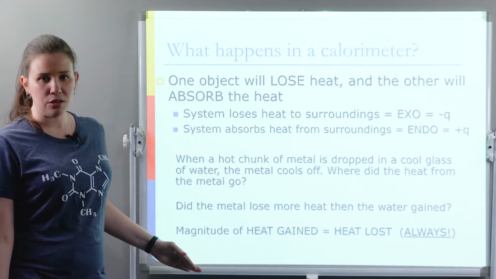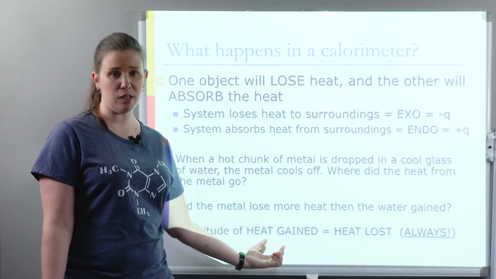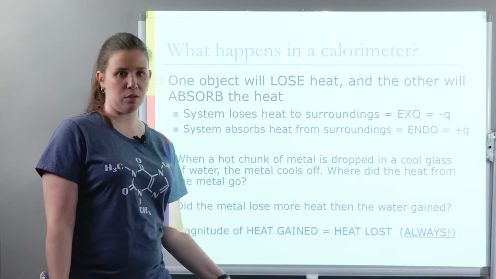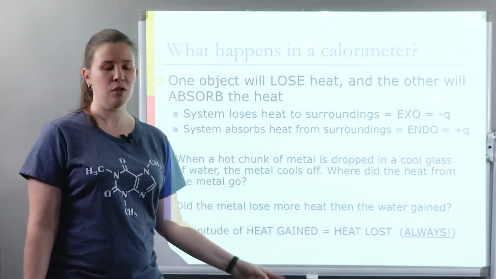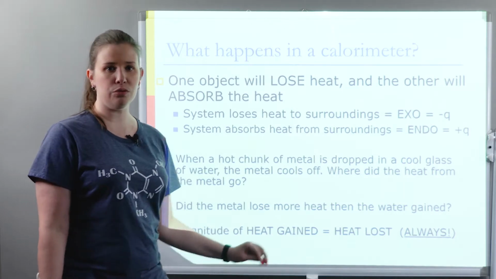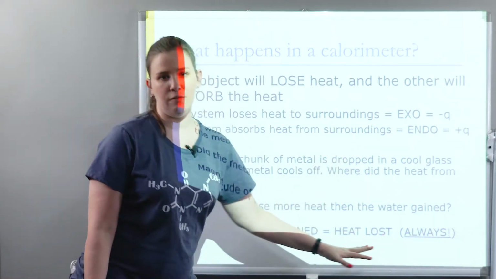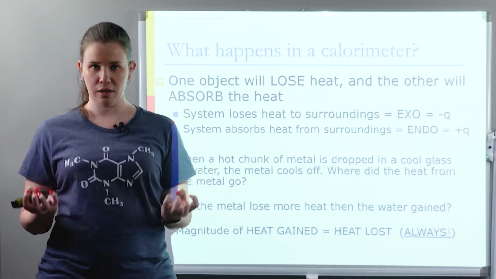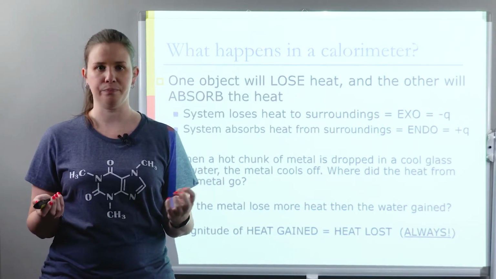Notice it does say magnitude, so the gain would always be positive and the loss would always be negative, because endothermic is positive and exothermic is negative. So if this is a positive 5 joules, the heat lost would have to be a negative 5 joules. So there is a sign change, but the number of the heat loss or heat gain is the same.